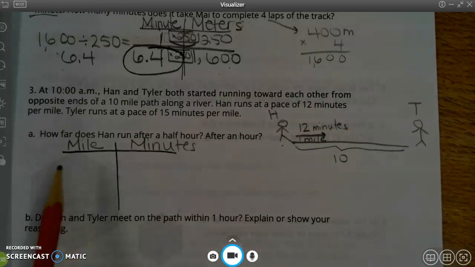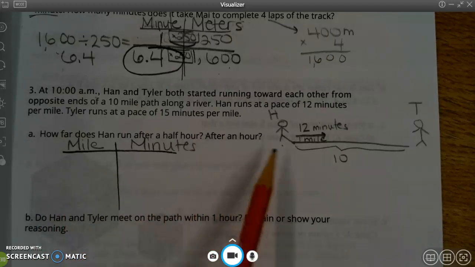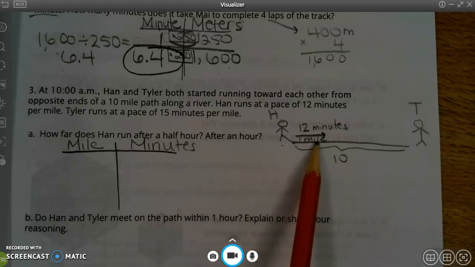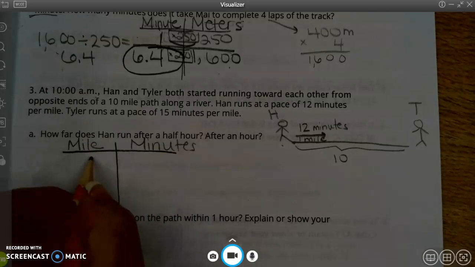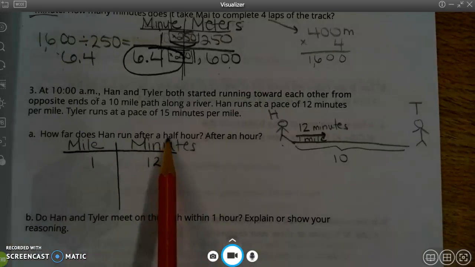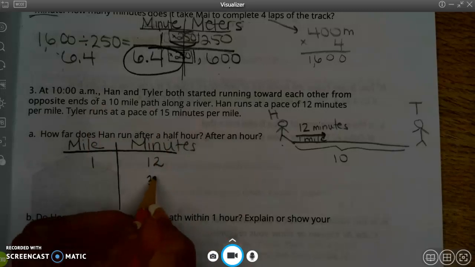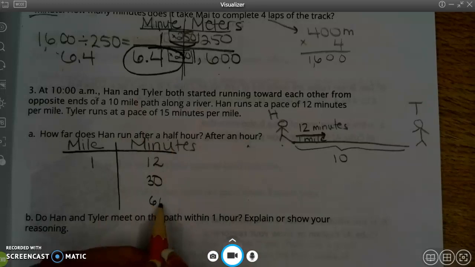In part A, it says, how far does Han run after a half hour and after an hour? So I'm going to take this information just for Han and put it in this table. 1 mile is 12 minutes. Half an hour would be 30 minutes. An hour would be 60 minutes.